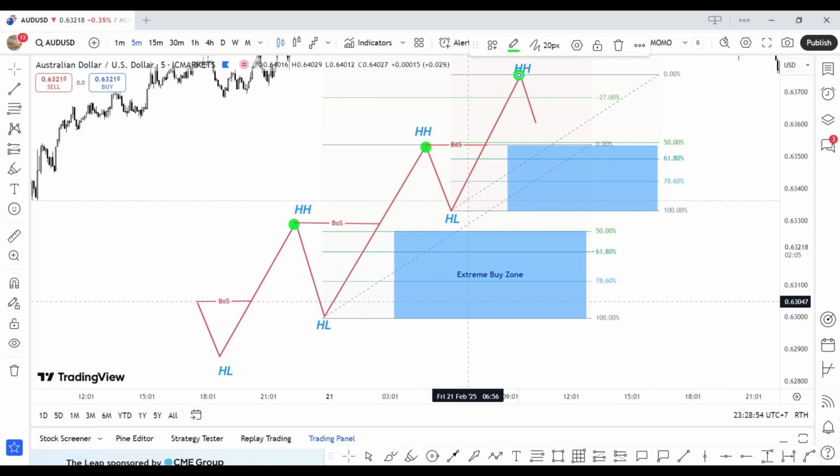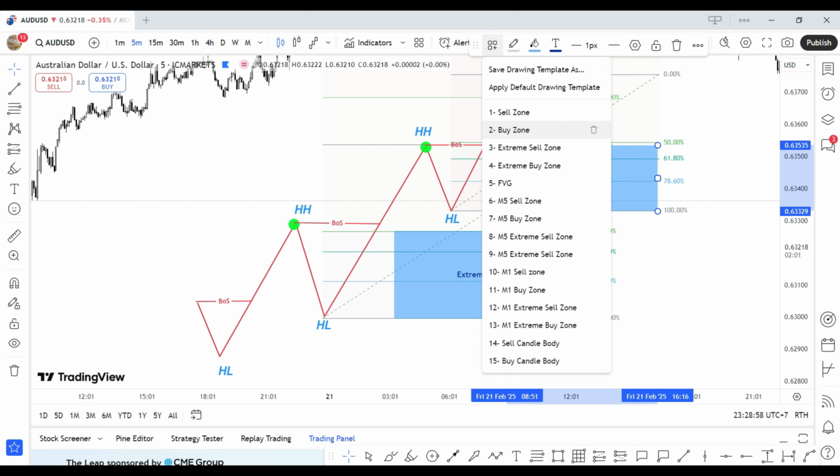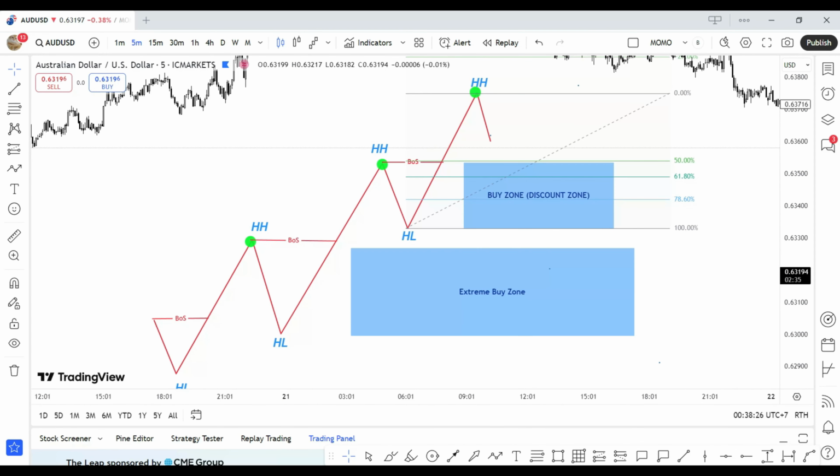So now I have the extreme trading zone and the recent trading zone. I have two trading zones. Now the question is, how are the extreme trading zone and a potential change of character related?